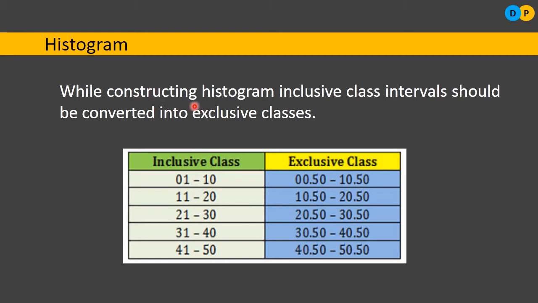So while constructing a histogram, inclusive class intervals should be converted into exclusive classes. If you don't convert this, then there will be a clash of the rectangular bars, because the rectangular bars will overlap. That's a problem.